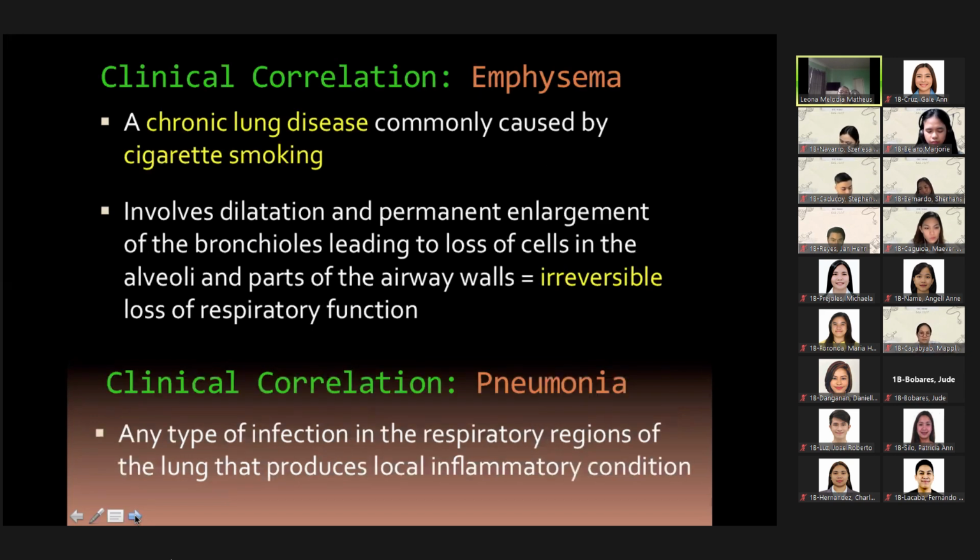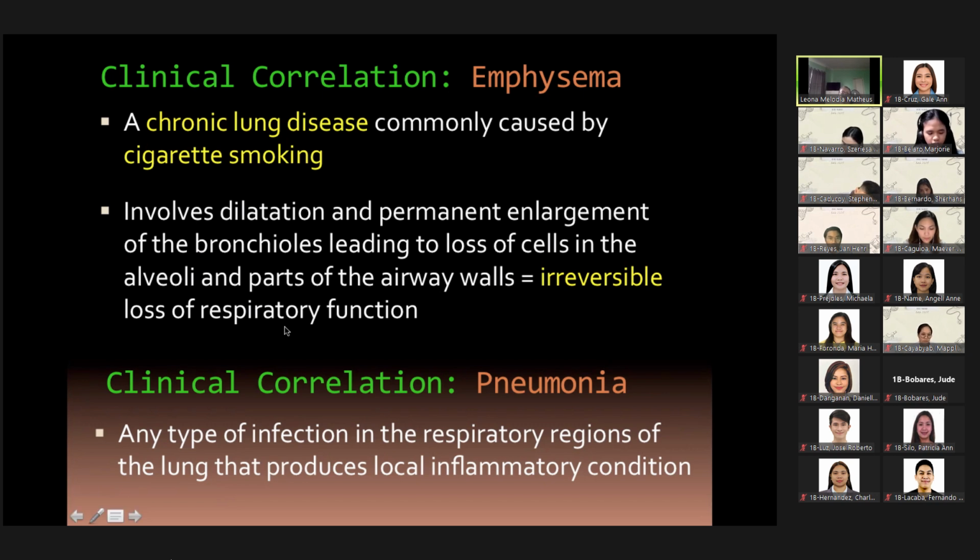Okay? Then we have emphysema, which is usually related to cigarette smoking. So this is a chronic lung disease which involves dilatation and permanent enlargement of the bronchioles. Note what is involved are your bronchioles, where you have loss of cells in the alveoli and part of the airway walls. This condition, by the way, is irreversible.